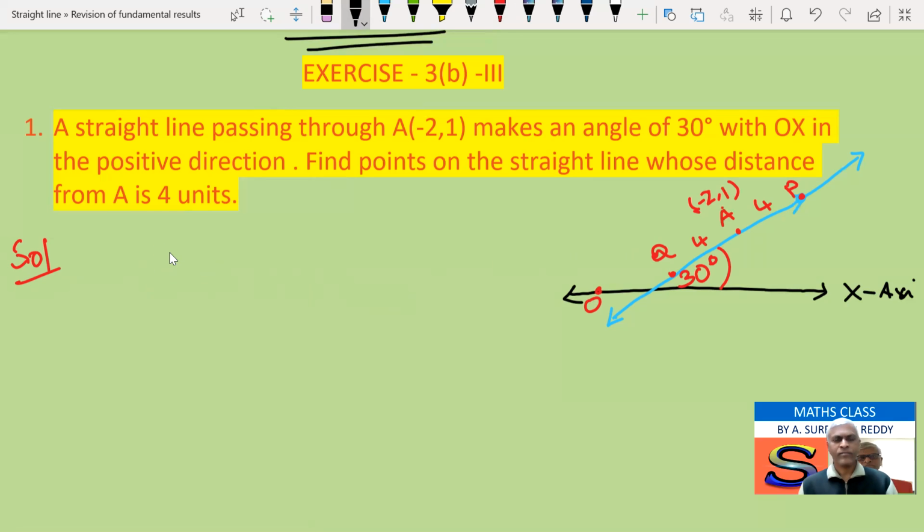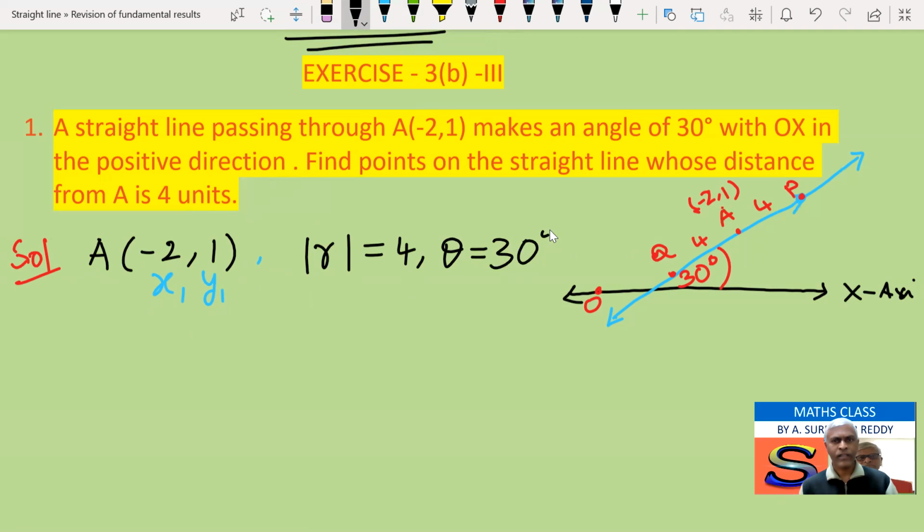Let us take the point A as minus 2, 1. So this is x1, y1 and R value is 4 units and theta is 30 degrees.